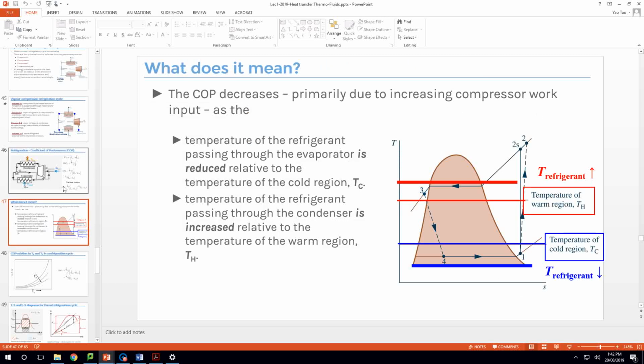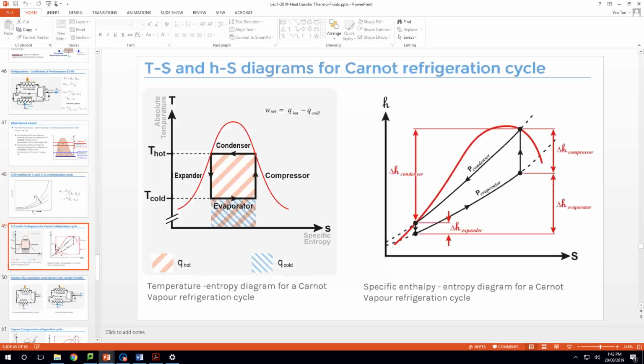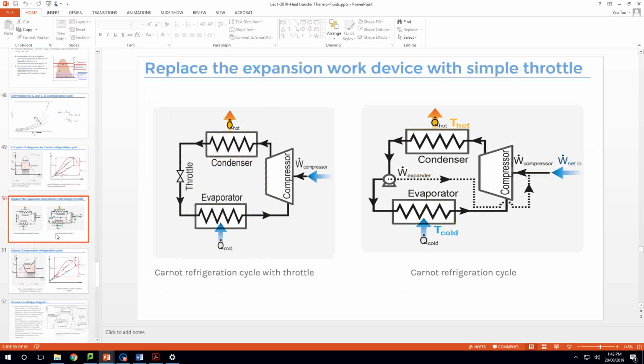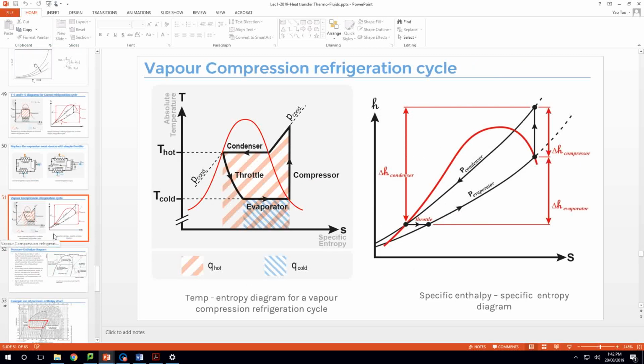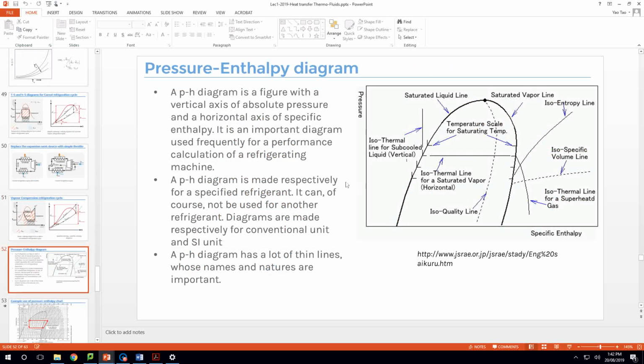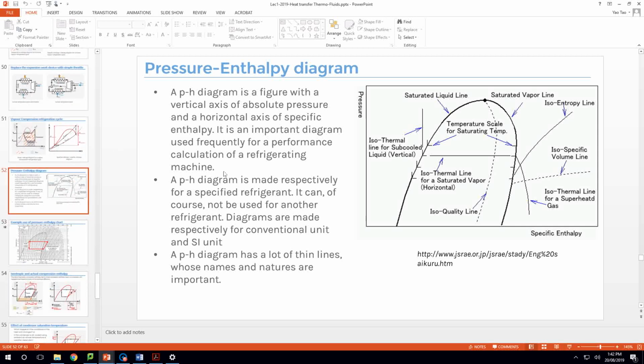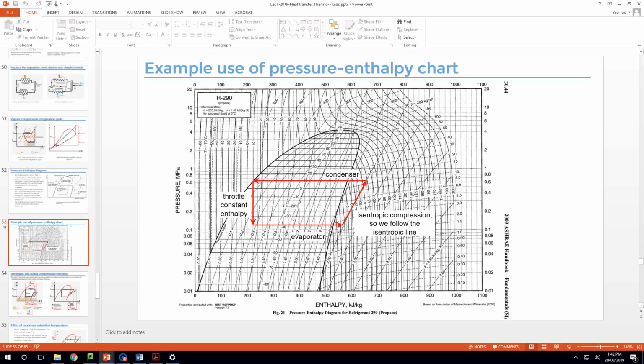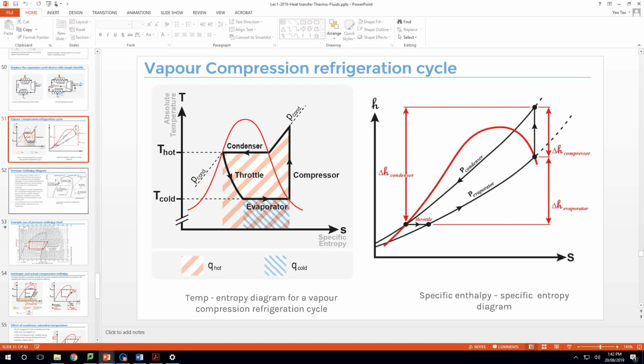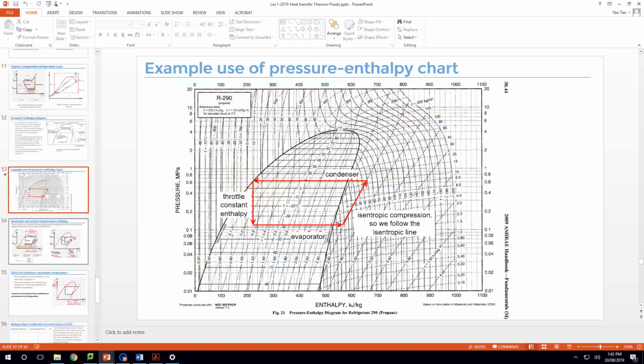That part would be about calculation, but for concepts, I also want every student to know what the curves are on the pH diagram and TS diagram, because you must know how to reflect these four parts in the pH diagram or TS diagram. You can find the delta H here and complete all the following calculations. Not only on the pH diagram, but you see we have provided so many curves that you need to understand.